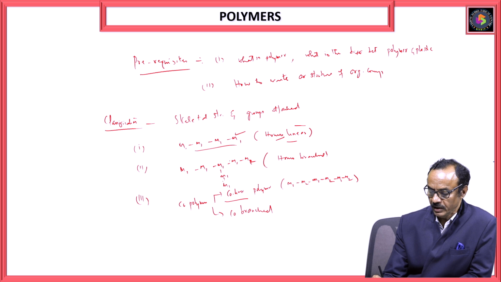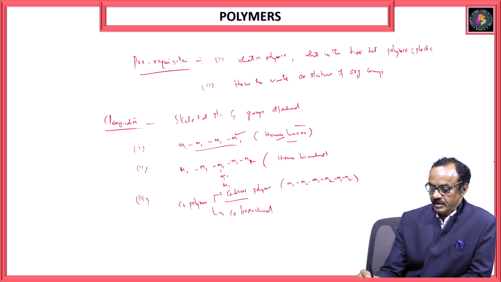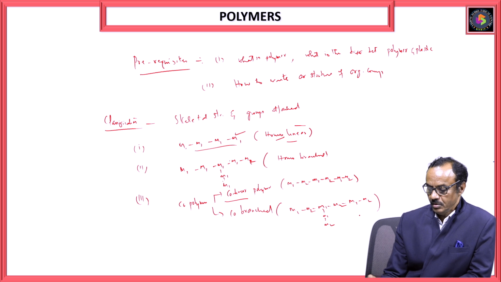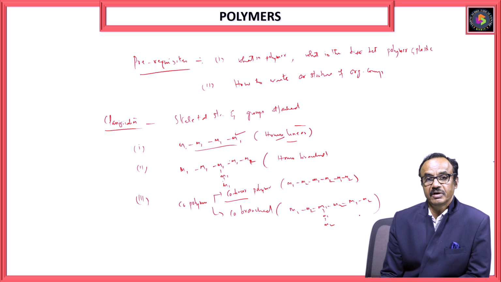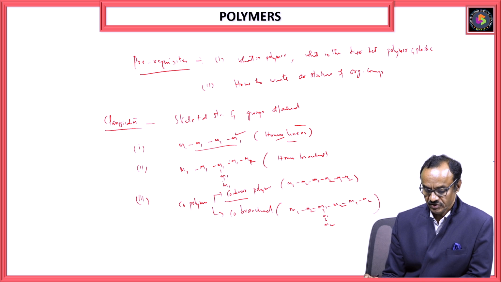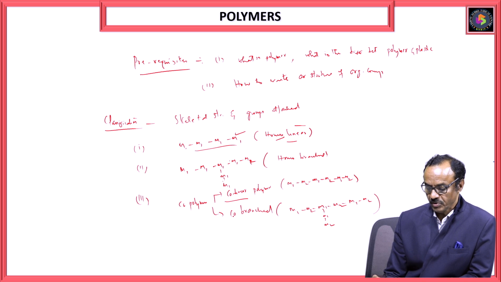Next is the polymer consisting of branches. This co-branched polymer consists of two different monomers, both on the main chain as well as the branches. So it is known as co-branched polymer.